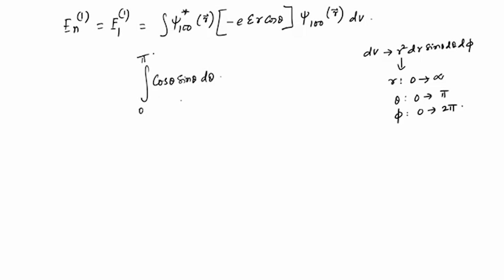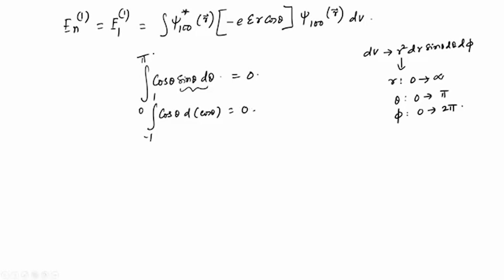Now, you see that either you show that this is equal to 0, or you can write the sin theta d theta as a d of cos theta, and then the limit goes from -1 to +1, and you can still show that it is equal to 0. So, we have a cos theta d of cos theta, and this integral really goes from -1 to +1, it is again equal to 0.